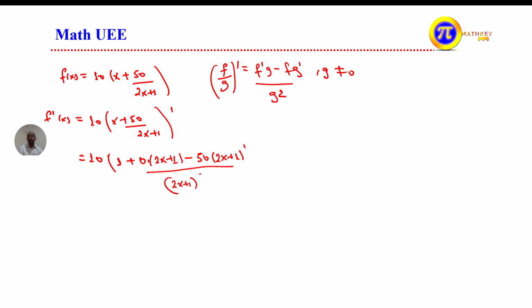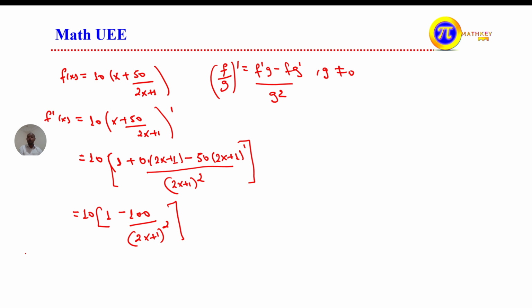The derivative of 2x plus 1 is the coefficient of x, that is 2, and 2 times 50 is 100. So we have 10 into 1 minus 100 divided by 2x plus 1 the whole squared.